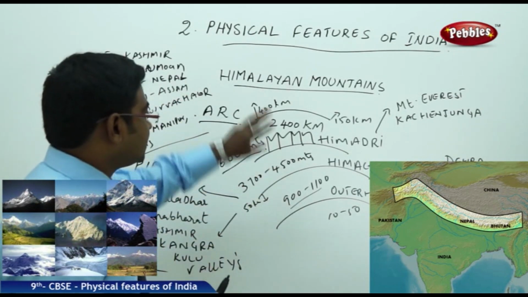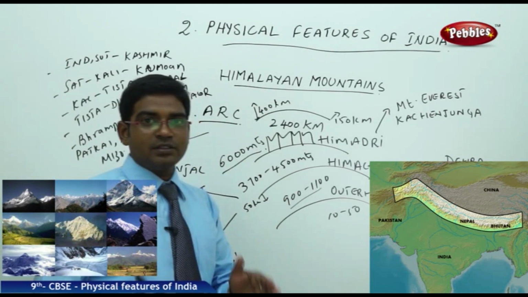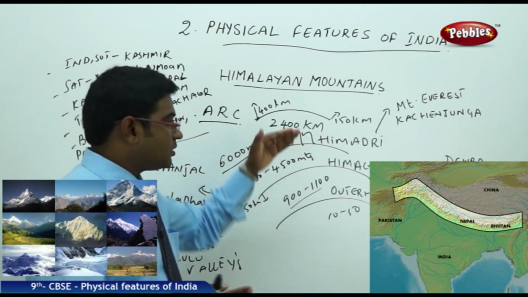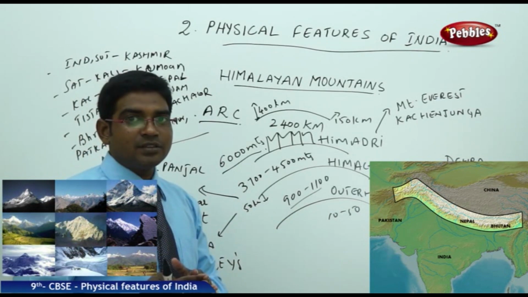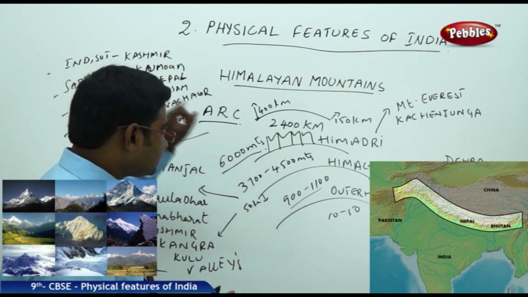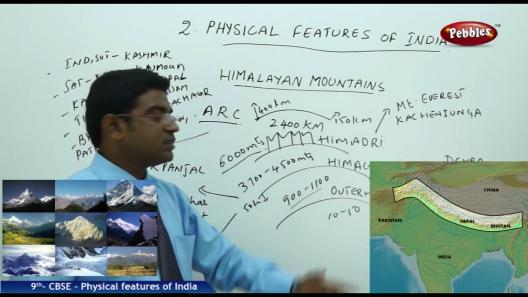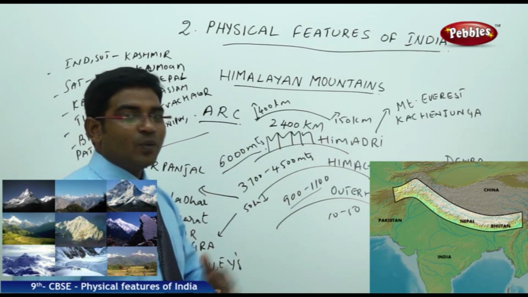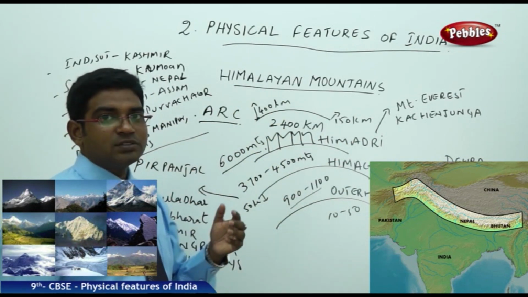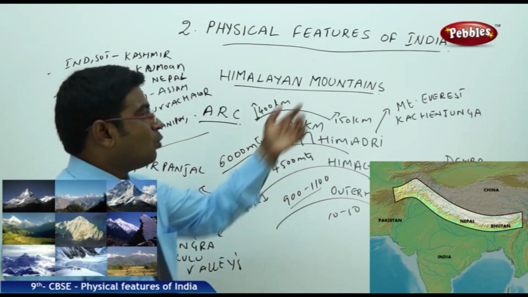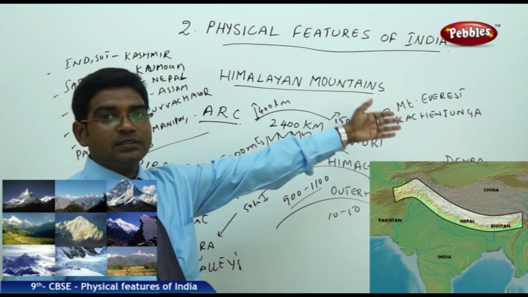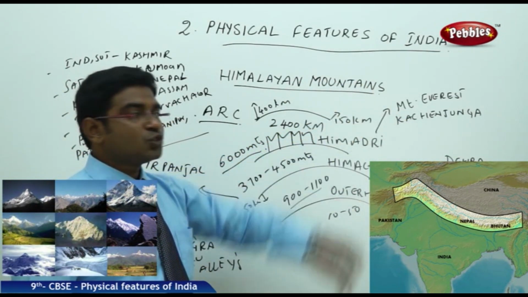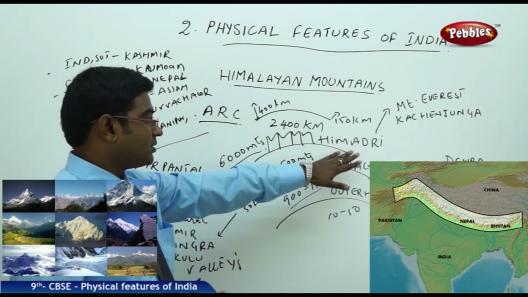It contains 3 major parallel ranges, which are divided based on their height. So the first, the highest region, is the Himadri region, where the average height of the mountains is 6000 meters, while the world's topmost peaks Mount Everest and Kanchenjunga are a part of Himadri.